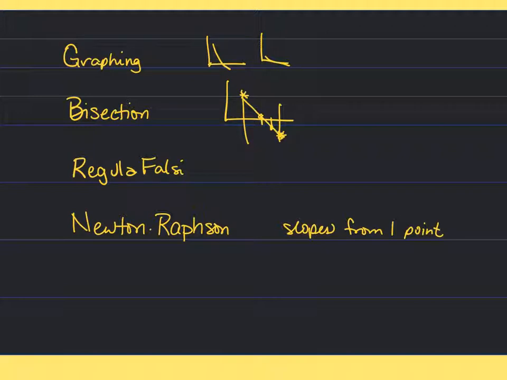So I'm only having to work with 1 point, but I've got to take the derivative. Now, if it's something cute like a polynomial, such as the cubic equation of state, it's no big deal to do that derivative.